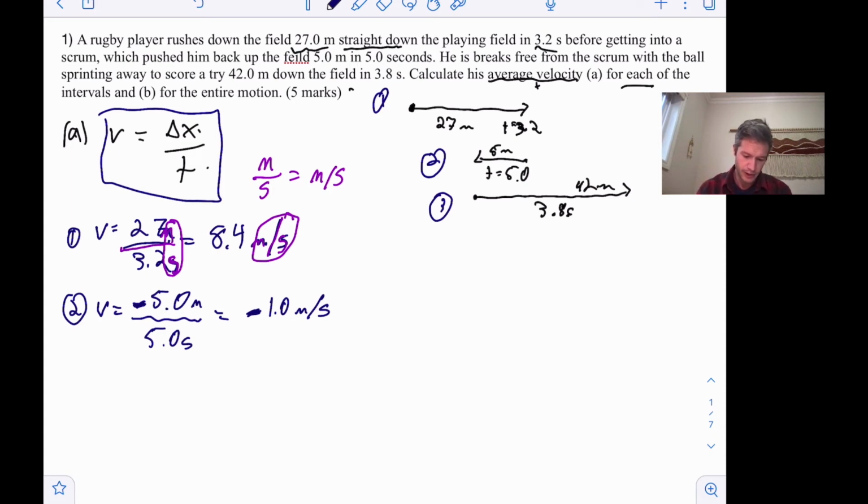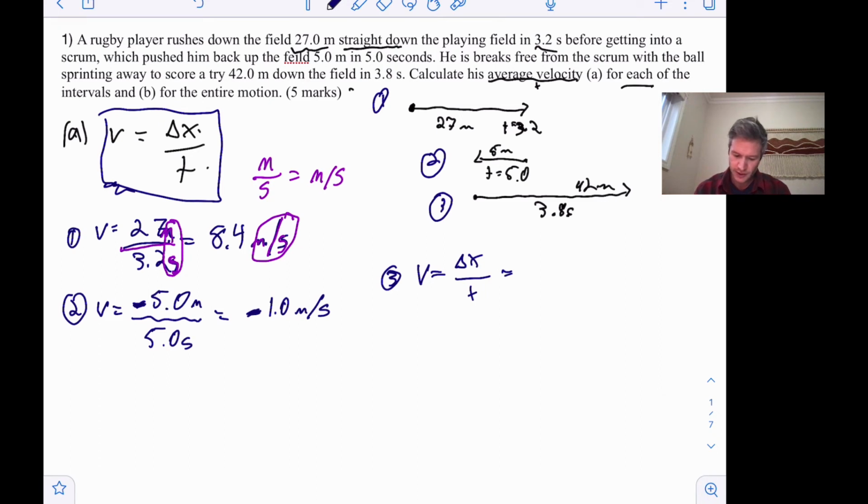Okay, so number 3, let's do that up over here. We got, again, just still using the same equation from over there. Velocity equals the change in distance over time, just to rewrite it for you there.